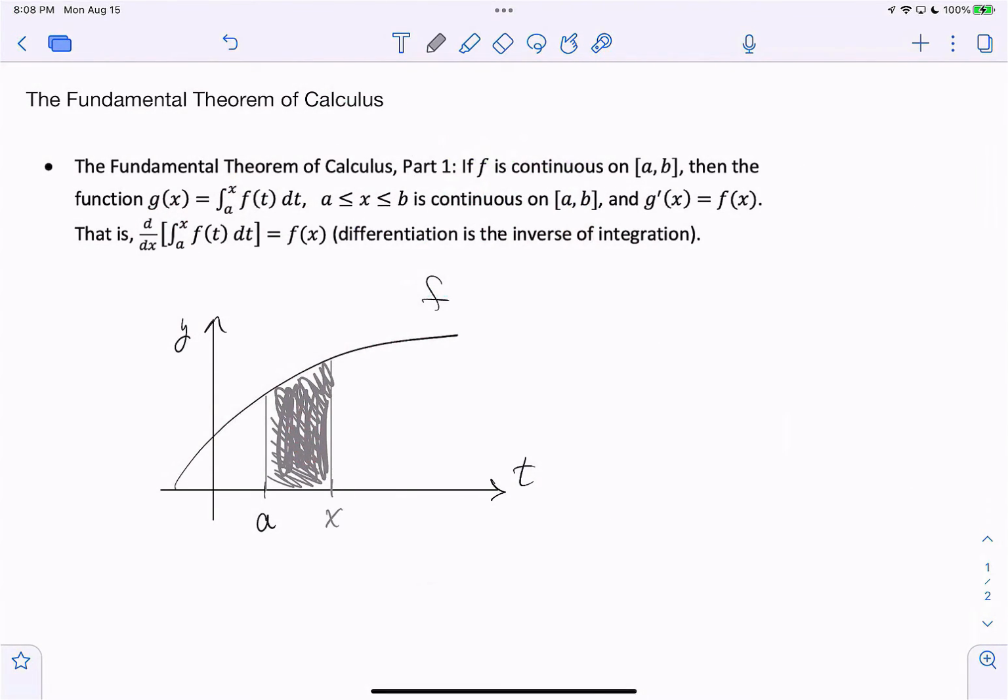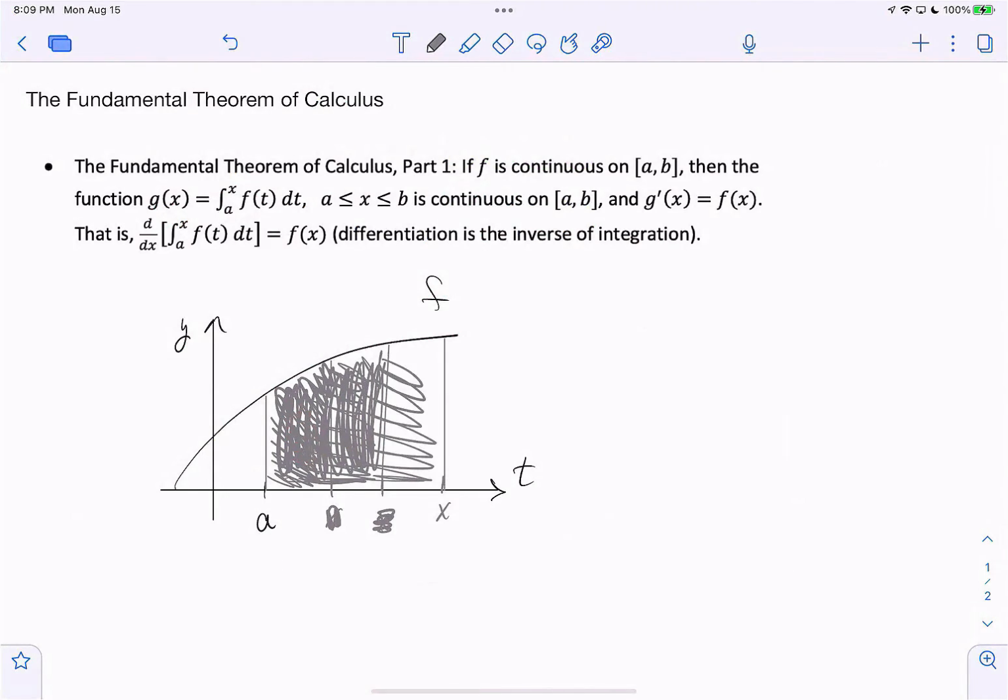Suppose x starts to get bigger. Then I'm going to end up with a larger interval that I'm integrating over. Then x can get even bigger, and the interval gets bigger, and the value of the integral changes.